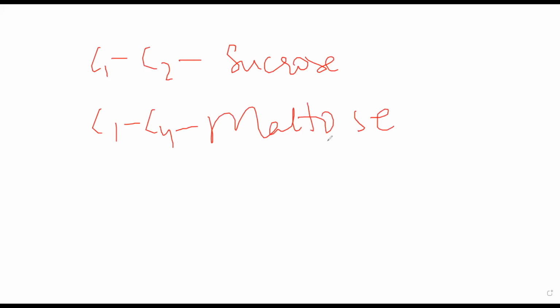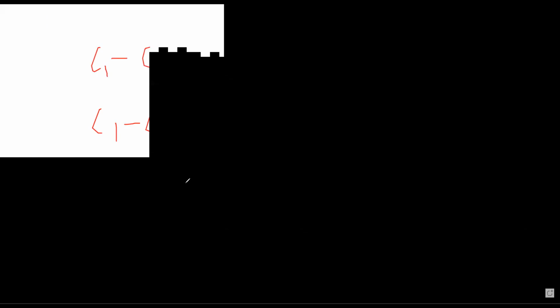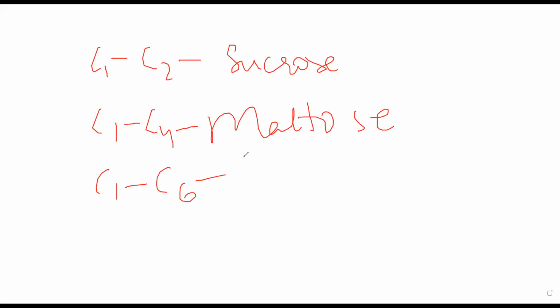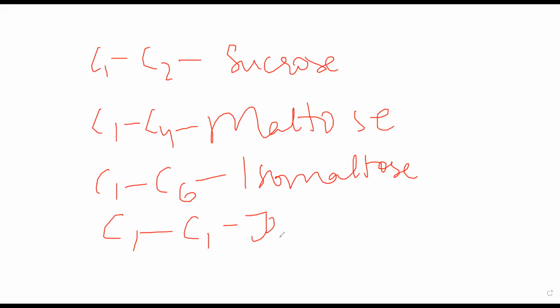You can also have lactose, which also has a C1 C4 linkage. There is a C1 C6 linkage in isomaltose and gentiobiose as well. Then there is a C1 C1 linkage, which is in trehalose. You can have a lot of different types of linkages of this sort.